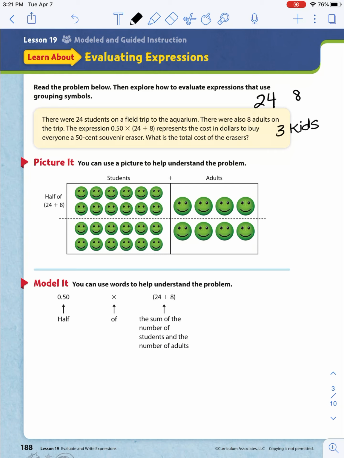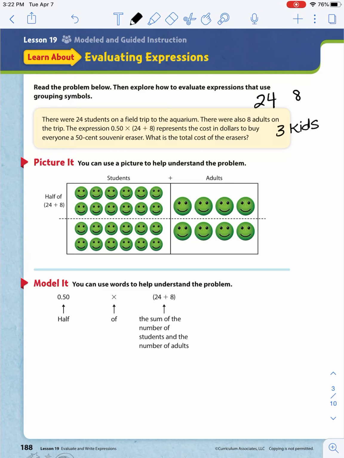The expression 0 and 50 hundredths times 24 plus 8 represents the cost in dollars to buy everyone a 50-cent souvenir eraser. I want you to stop for a minute and think about that.